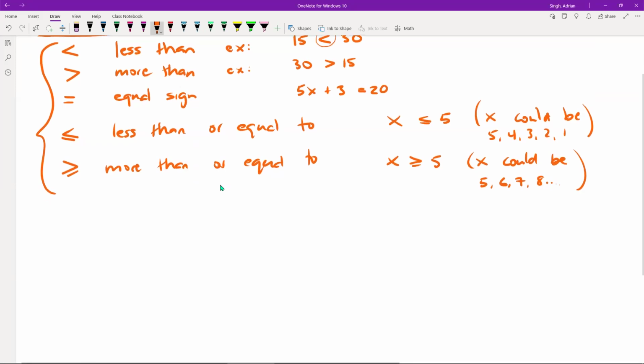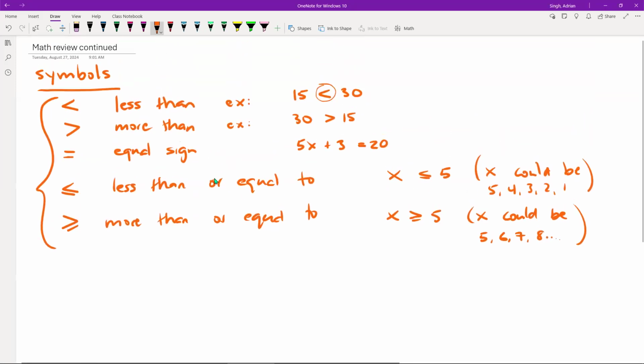A couple other ones that we're going to come across are the following. So very often, and we use this symbol in chemistry a lot, you'll see a triangle. What that triangle means can have a couple meanings depending on the setting. This can mean the change in something.